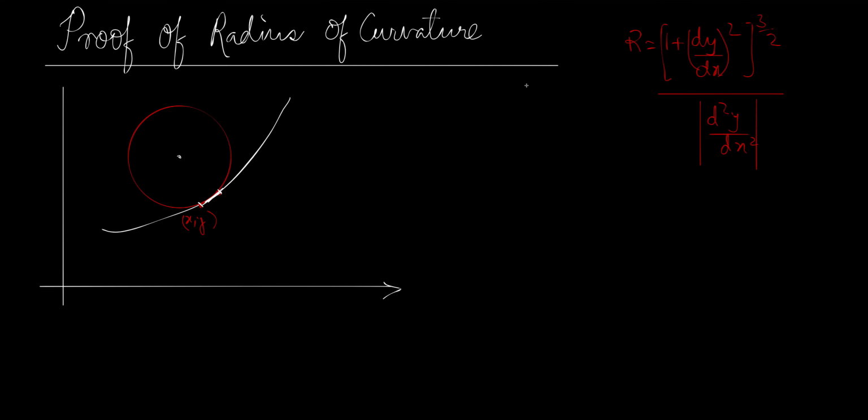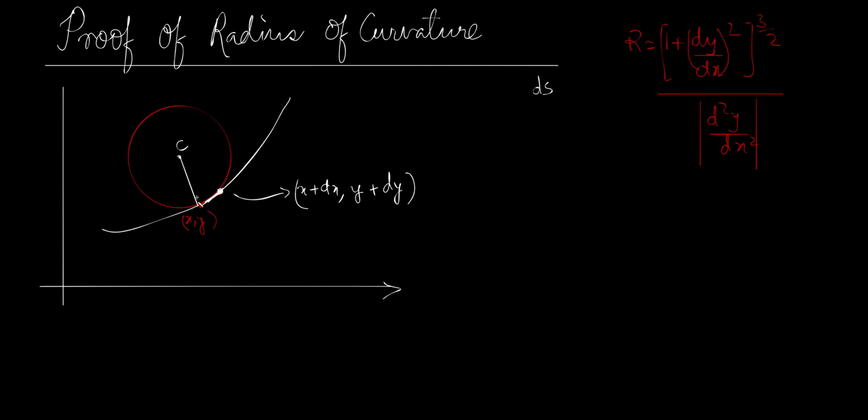Let's say that this arc length is ds, which is also the elementary length of this curve at this point. And this other point has the coordinate x plus dx comma y plus dy. The radius will be basically the radius of the circle, and this is the center of the circle, which is known as the center of curvature.